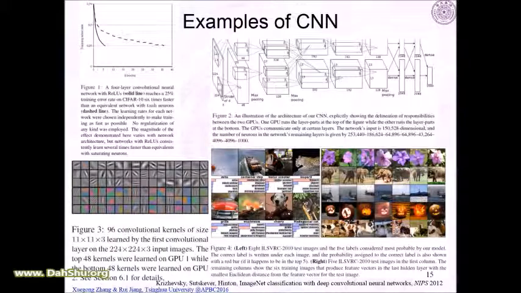And this figure shows what features the layers learned. This is the representation of some of the middle layers. We can say that after training, each node in the middle layer somehow captures a particular feature in the original image.